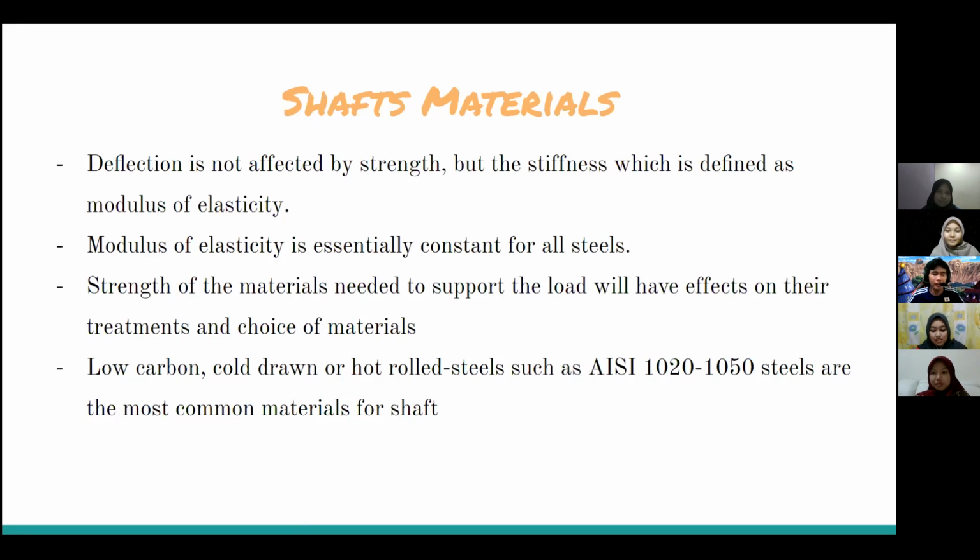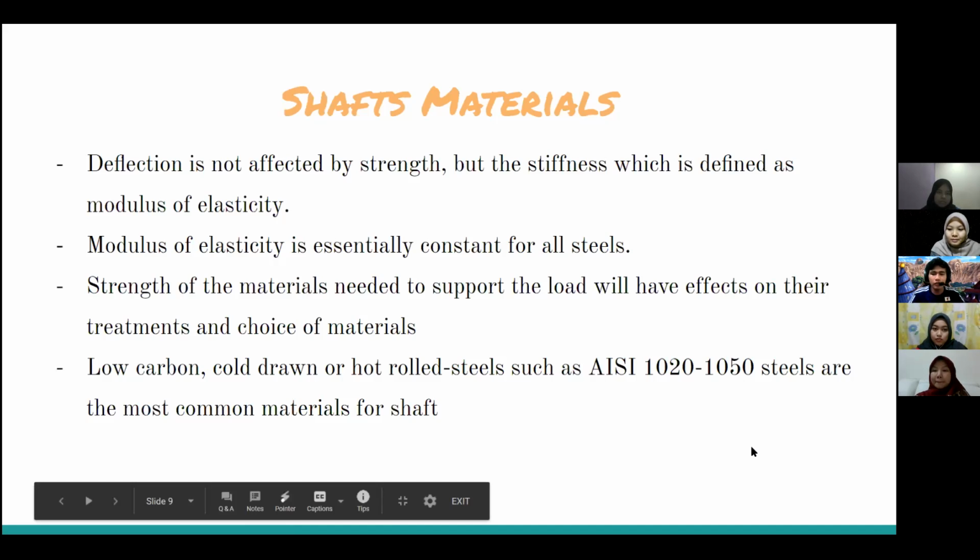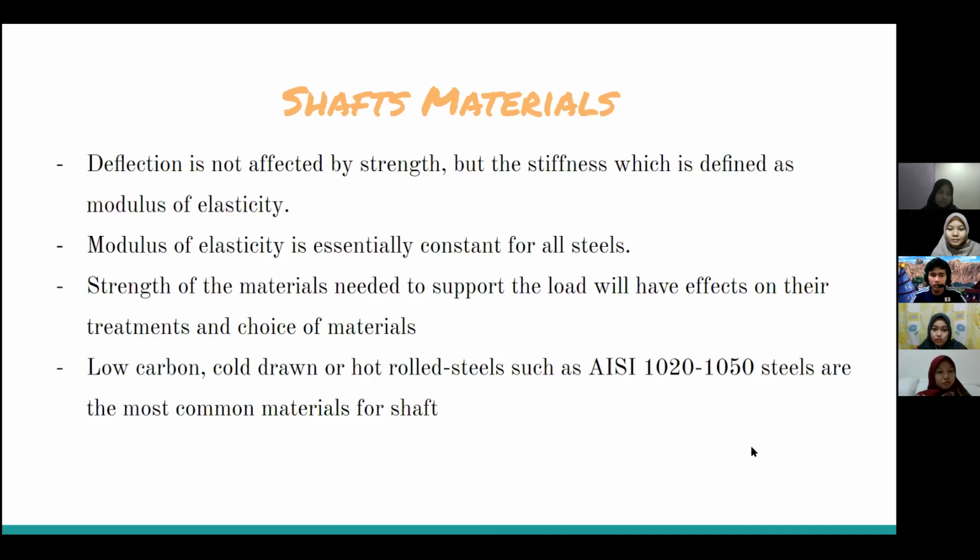So this is one example of deflection occurring. The strength of the materials needed to support the load will have effects on the heat treatment and choice of material. Low carbon, cold drawn, or hot rolled steel such as AISI 1020 until 1050 are the most common materials for shafts.